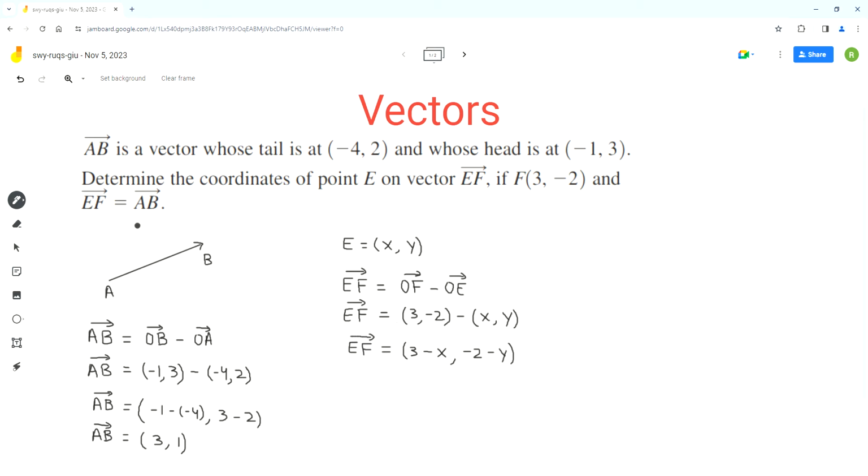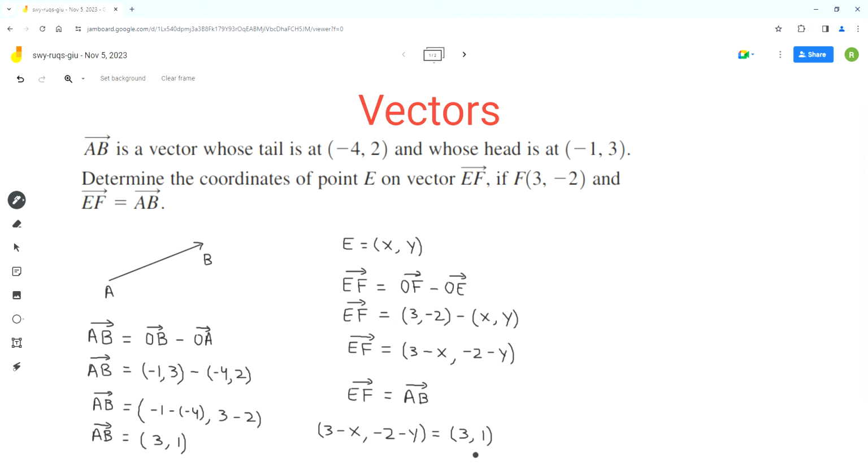Now we are given that vector EF is equal to vector AB. So now we can substitute these two vectors with their component form. For EF we got (3 minus x, negative 2 minus y) equals, and for vector AB we got (3, 1).